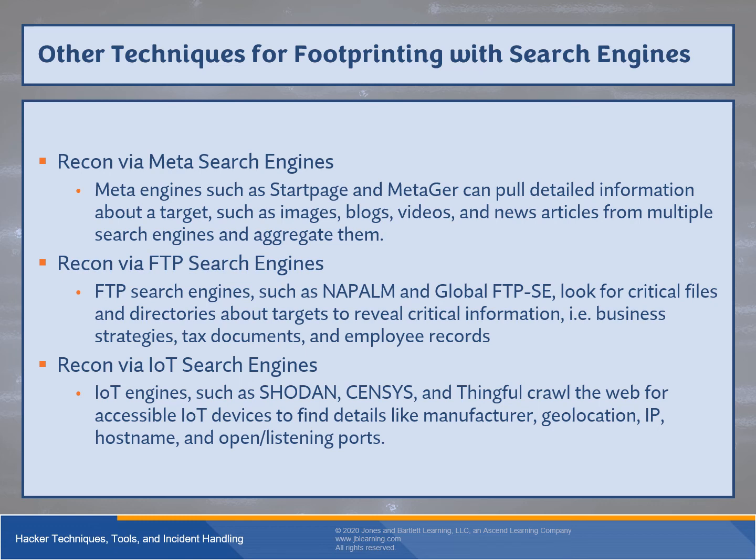There are FTP specific search engines like Napalm. These will look for critical files about a business. IoT search engines or any kind of device search engines would be things like Thingful, Census, or Shodan. Shodan is probably the one that I use most often, and it can help you to find accessible devices, not just IoT, but any kind of network device, to figure out its physical location, its IP, any ports that might be running, manufacturer.